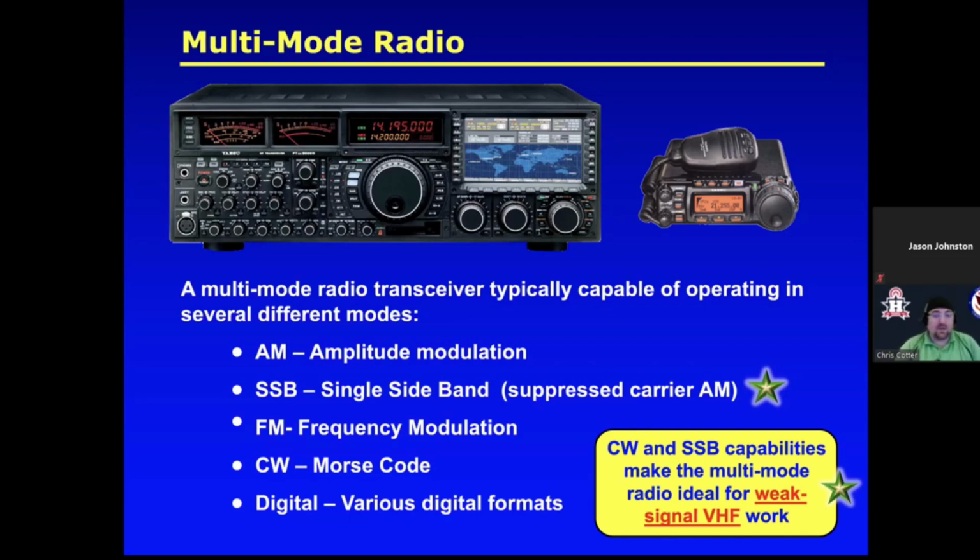That's going to be a common feature as you start looking in the catalogs, trying to decide what you want to buy as your first radio or as your first HF down the road. You'll start seeing all these different modes that they can do.